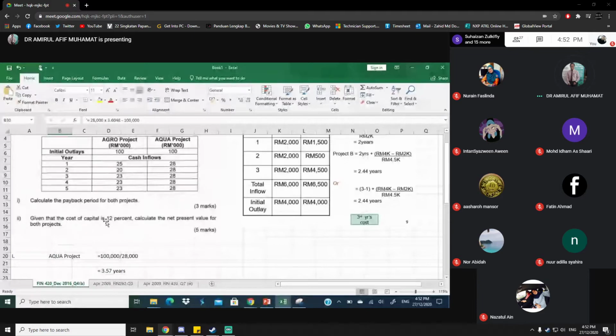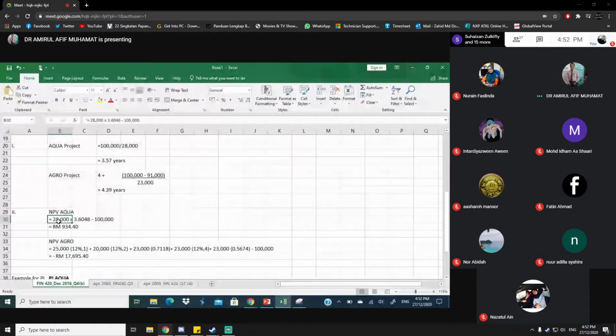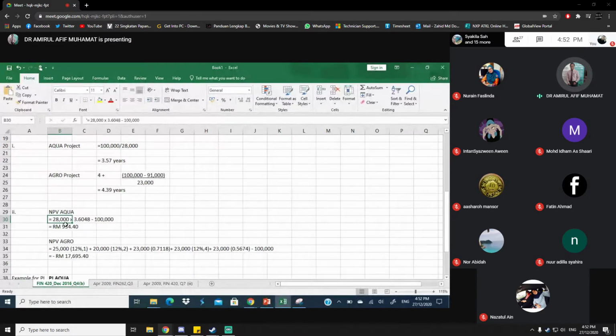So 28,000 times 3.6048 minus the cost, initial outlay 100,000, so you get 934 ringgit 40 cents. So this is the profit of NPV Aqua.